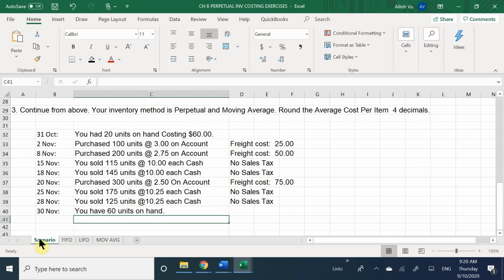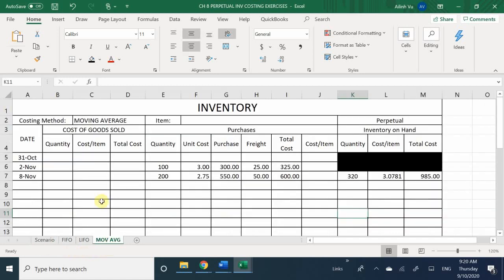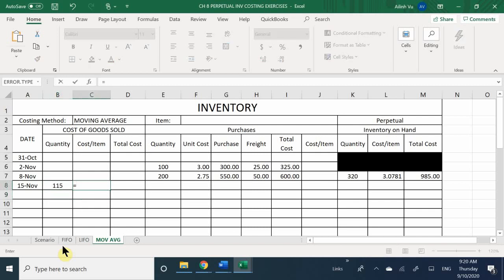We sold 115 units. We sold 115 units, okay, on November 15. Now watch me carefully. November 15, we sold 115, right? Now in this case, like I said, this is asking me to round this number to 4 decimal places.